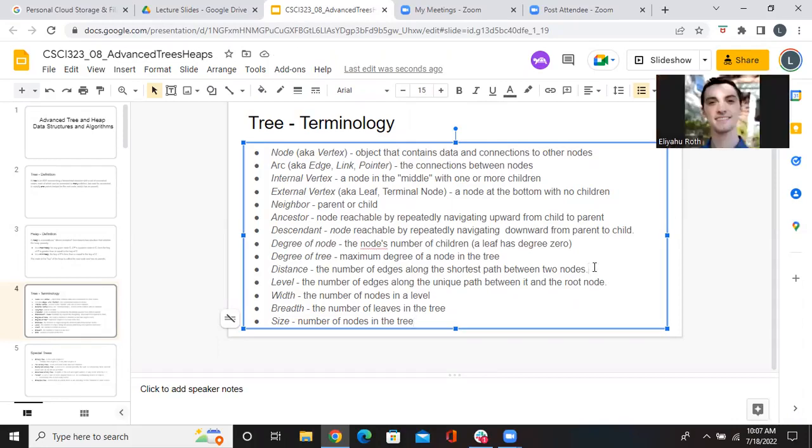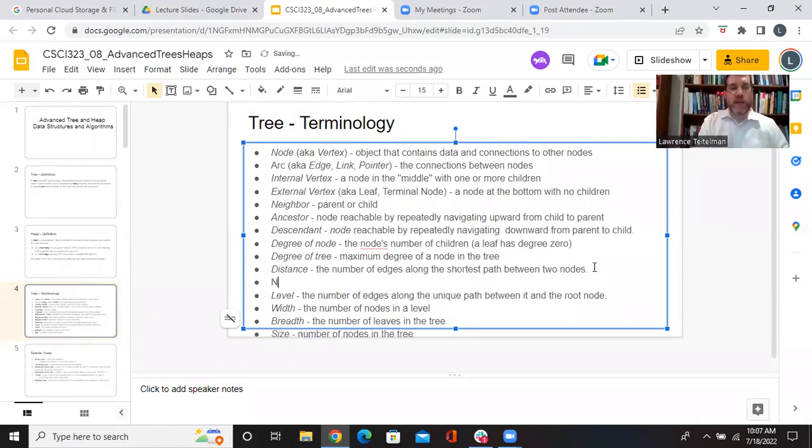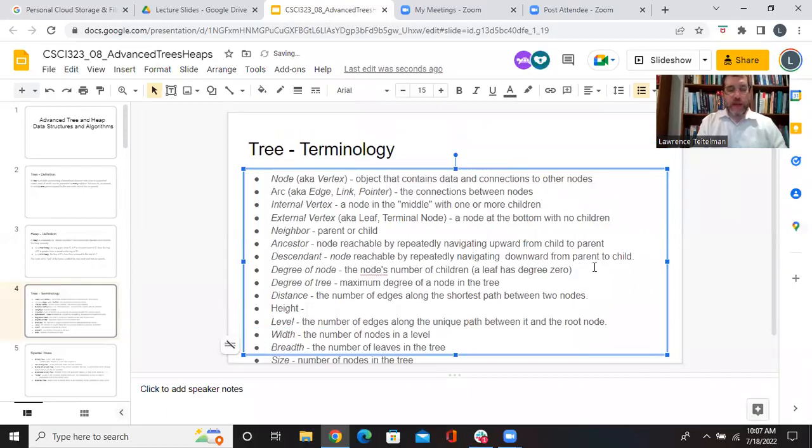Okay, so we'll say the height is the distance from the root to the furthest node. Okay, so maximum.